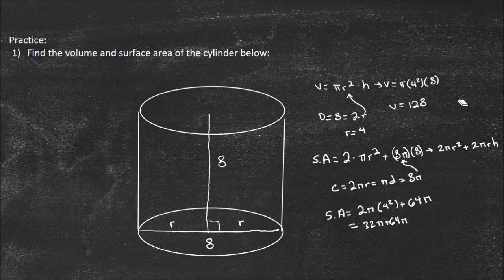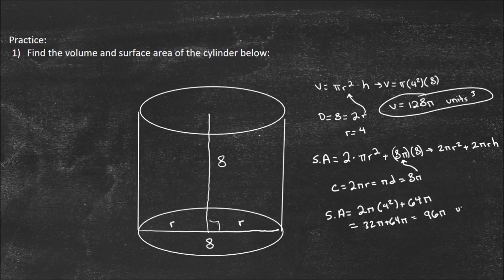Sorry, I just noticed that while I was doing the different problem, but this should be 128 pi units cubed. Sorry about that. Okay, and this one should be 32 plus 64 pi, which is going to equal 96 pi units squared. Area has units squared, volume has units cubed. So that's the surface area of this.